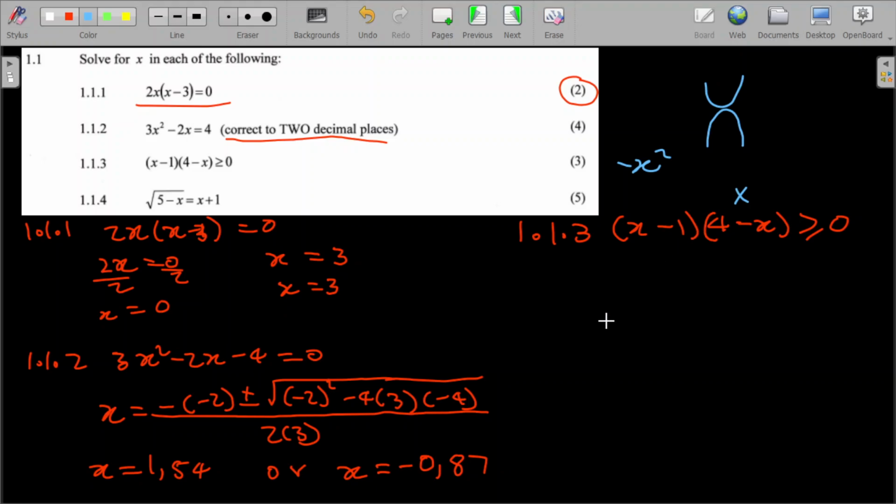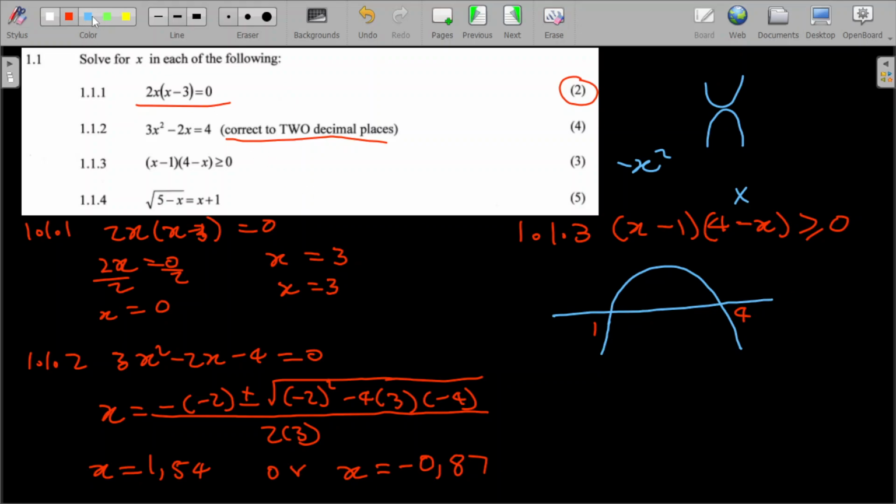So let me just draw that. My function is facing down in this case, and the first x here is going to be 1 and the other x here is going to be 4. Now again, they are telling us that our function is greater than or equal to 0. Our function is greater than 0 at the top and less than below. That is a very straightforward thing.